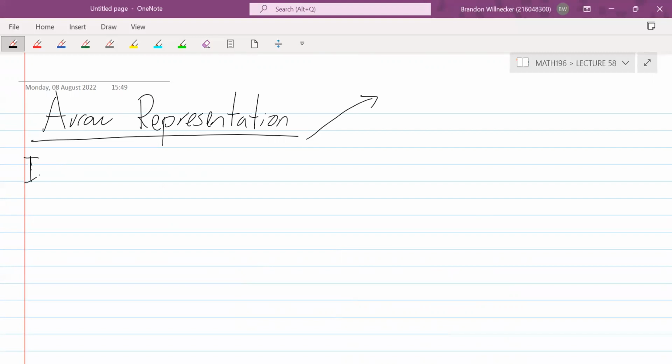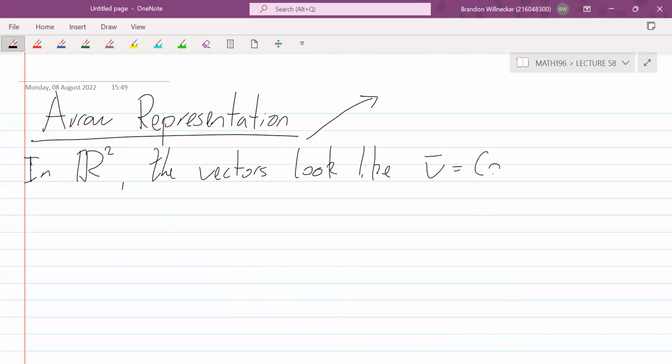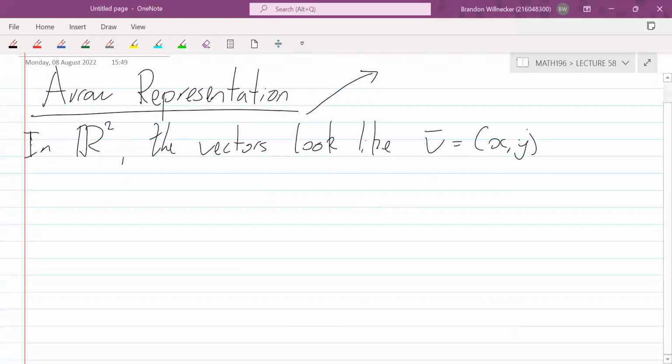In R2, the vectors look like v equals x comma y. Okay, so it's a two tuple, two elements that are real numbers. So the way we draw this arrow is we imagine the Cartesian plane.